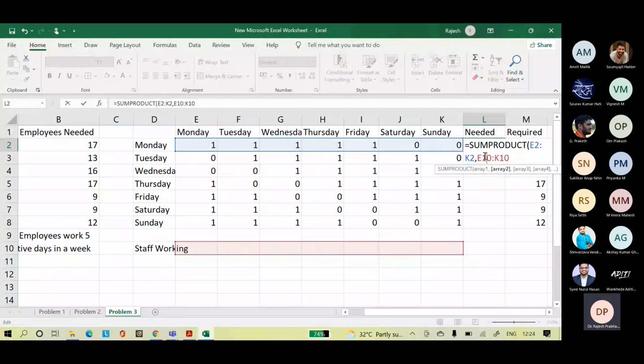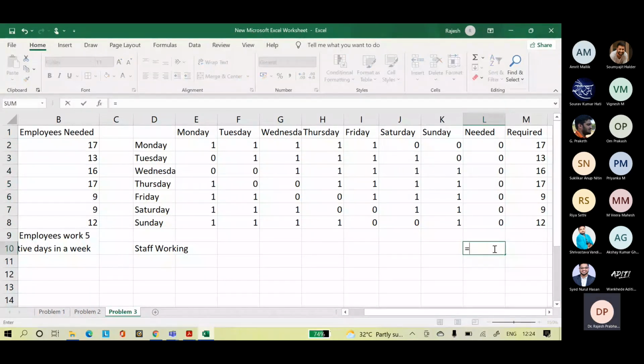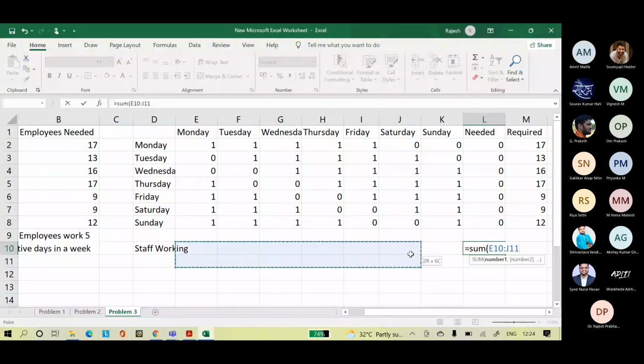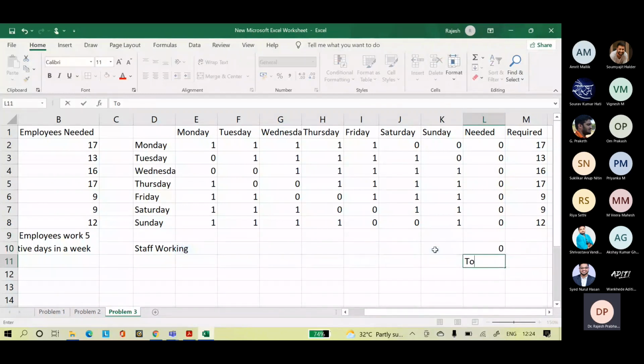We need to fix this cell: F1 plus F4 and F1 plus F4. Close bracket, enter. And then drag the formula down. Equal to sum of these things will be the total. Okay.